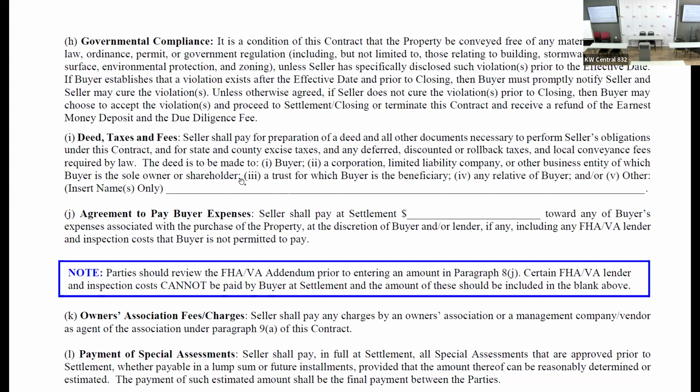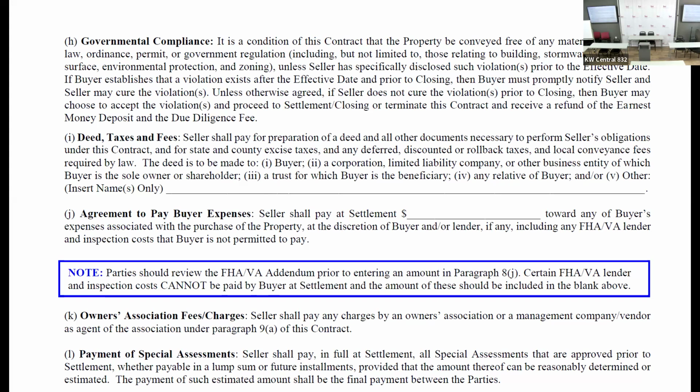Deeds and taxes. It's okay to leave this blank. The only time you would put something in here is if the buyer's names on page 1 are different than who the deed is to be made out to.